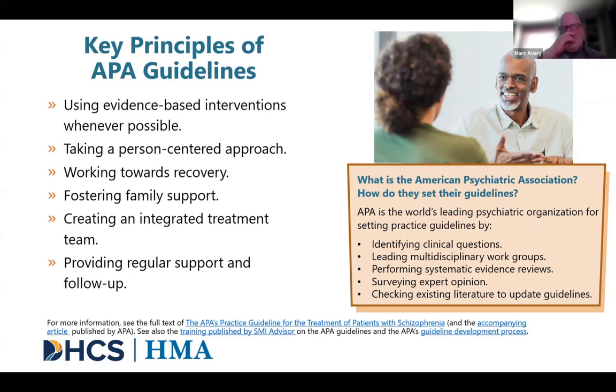Ultimately, all of this works off an integrated treatment team and integrated treatment plan that everybody works off of. And also the APA understands that these treatment guidelines aren't a one-time deal, that treatment of schizophrenia, like many conditions, requires regular support, follow-up, and monitoring.